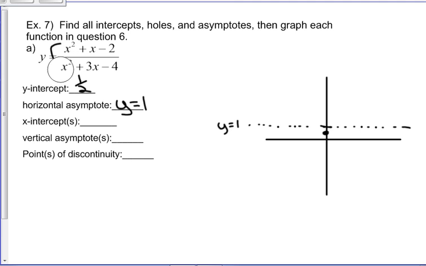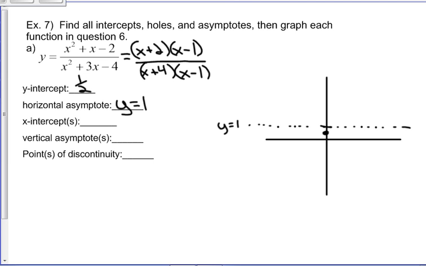Okay. The next few things I'll need to factor before I can figure them out. So let's see, that's x plus 2 by x minus 1, and then on the bottom, you'd have an x plus 4 and an x minus 1. Great. X-intercepts are factors of the top only. That would be this one right here, or -2.